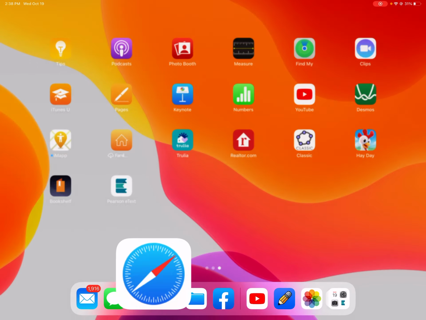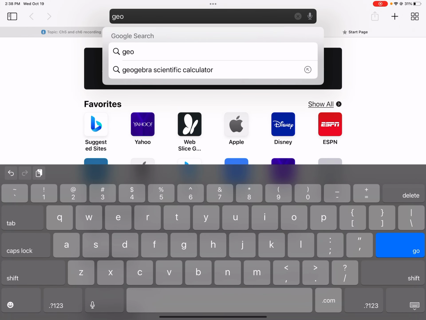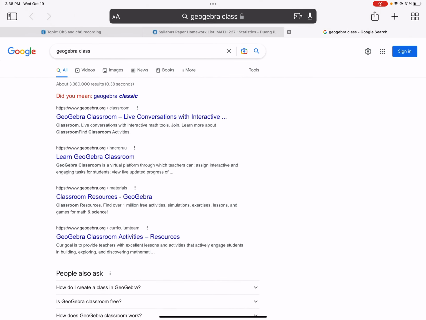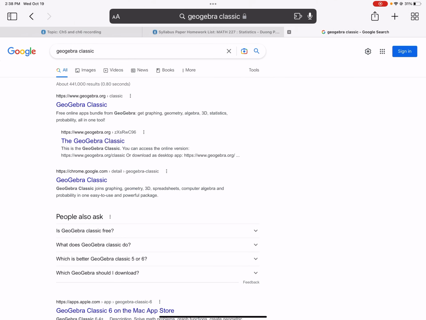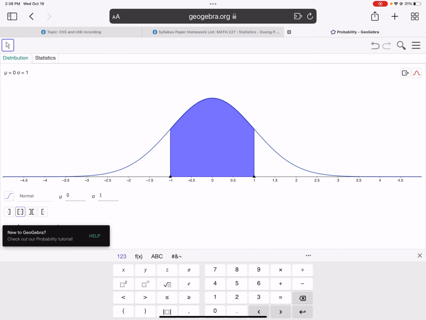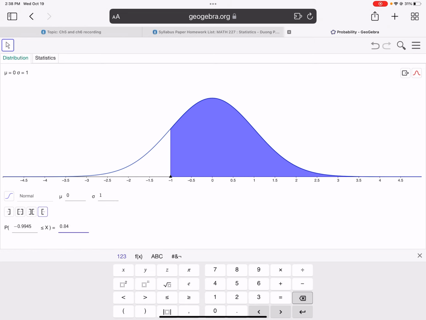And then you can find it in GeoGebra Classic. And then I click on the probability. You can use either the right side or left side. And we put in 0.005 for the probability. And we got the number is 2.5758.